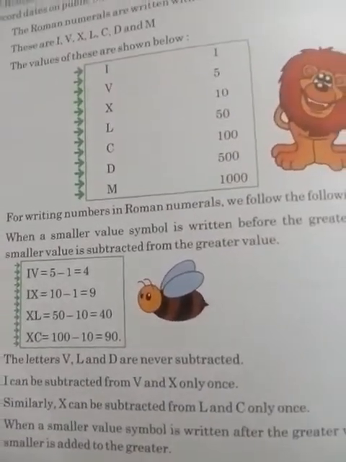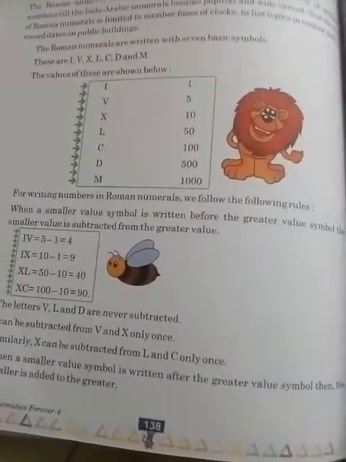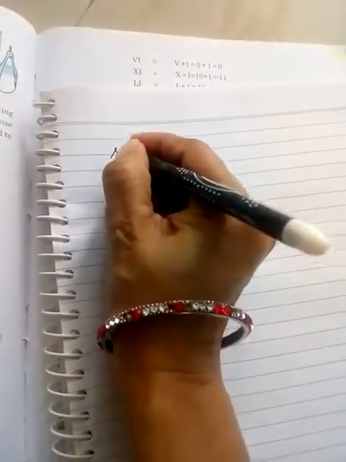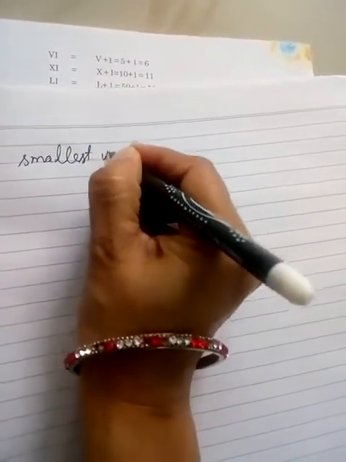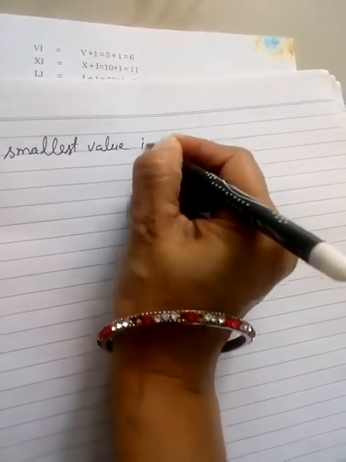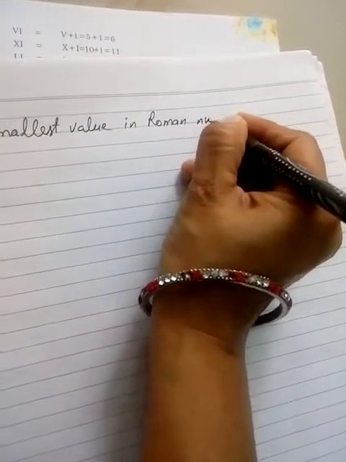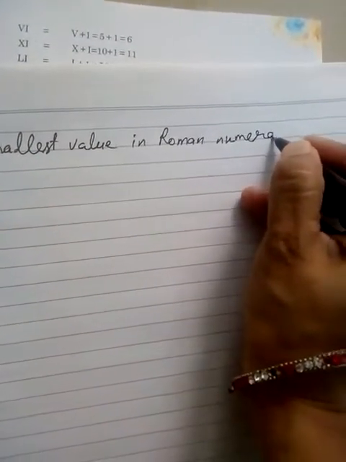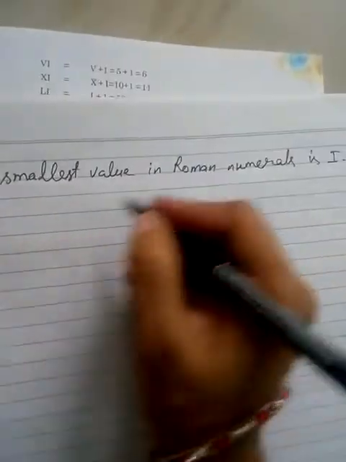When a smaller value is written before a greater value. The smallest value in Roman numerals is I, means 1.